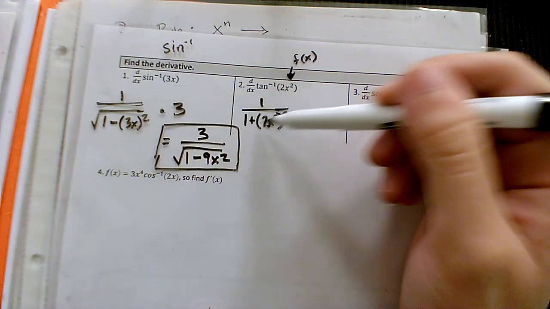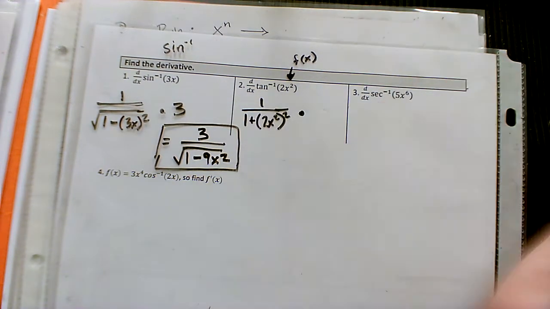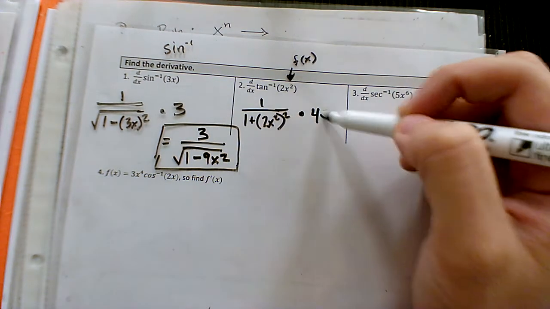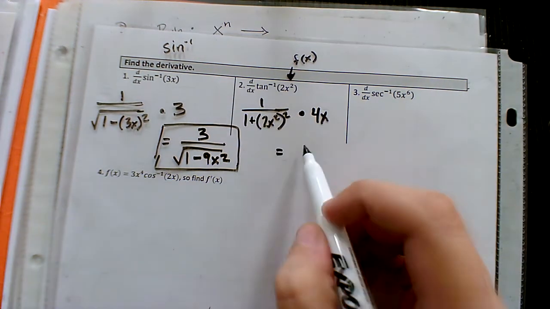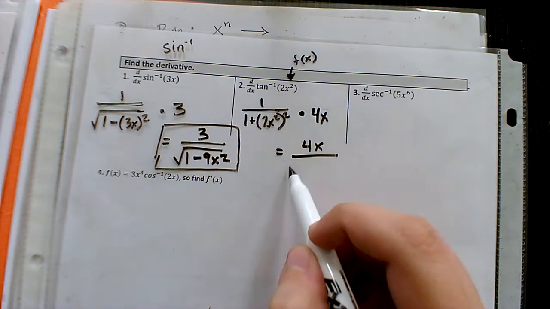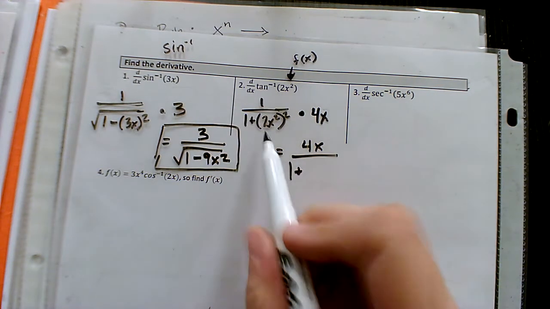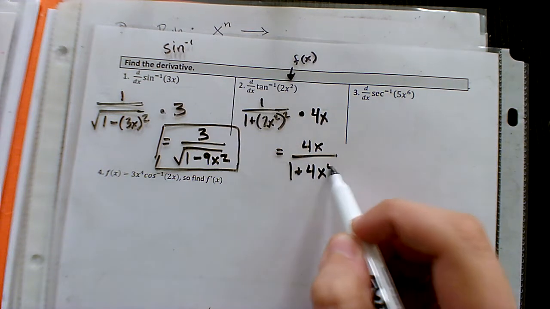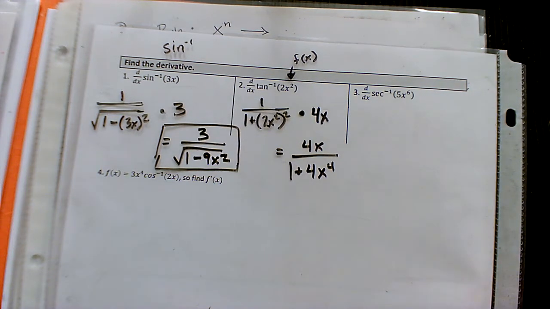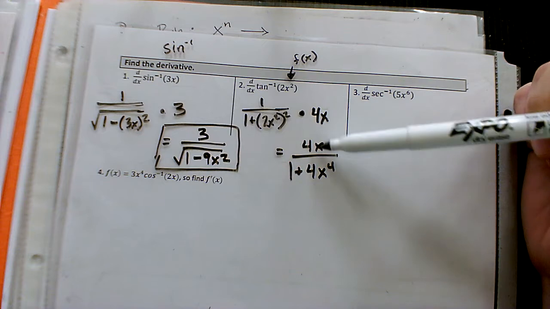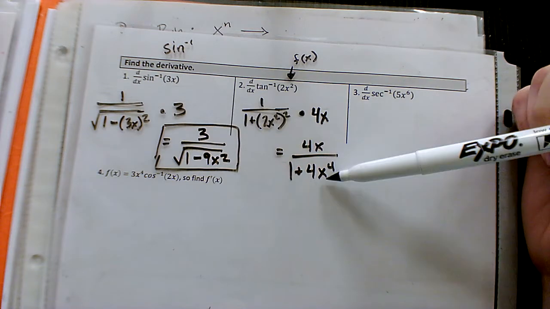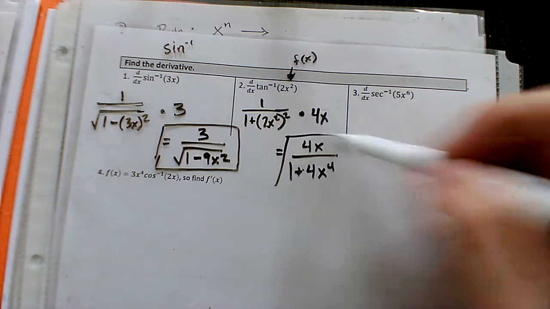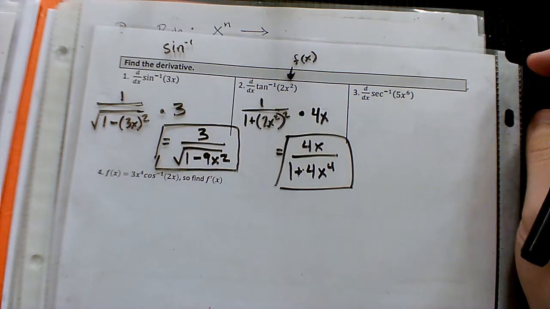Okay, so 1 over 1 plus the inside squared times the derivative of the inside, since it was something other than x, so it'd be 4x. Okay, and if we clean it up, the 4x can move to the top, and we can simplify the bottom. 2x squared squared would be 4x to the 4th. All right, we cannot simplify 4x over 4x because we're adding something else. Just be leery of that. So that has to stay.